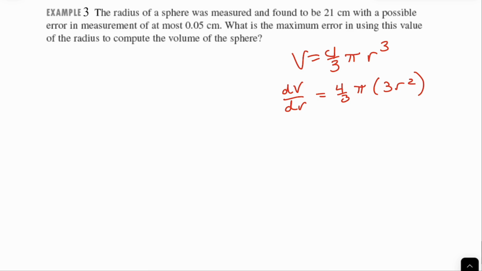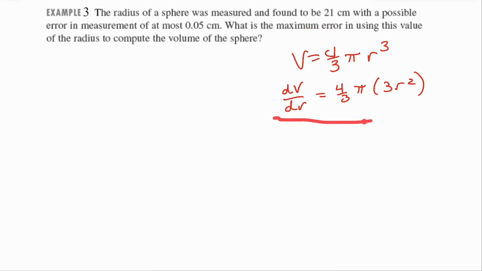Now let's look at more of a real-life example. It says the radius of a sphere was measured and found to be 21 centimeters with a possible error in measurement of at most 0.05. What is the maximum error in using this value of the radius to compute the volume of a sphere? So we need the volume equation.